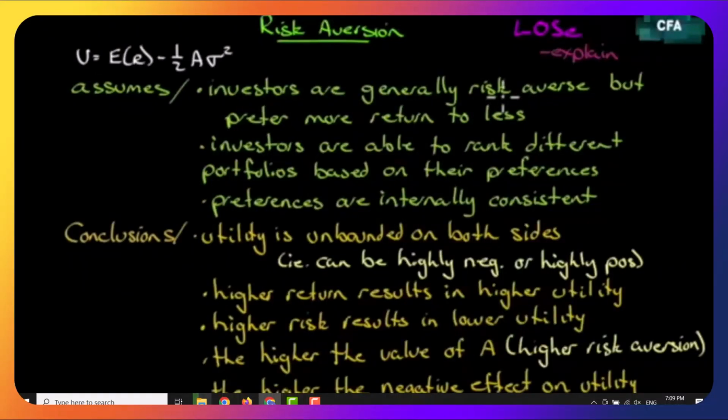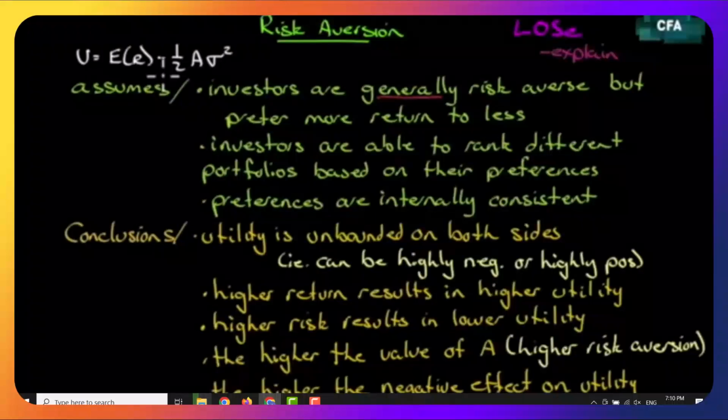No, no, no. They're risk averse, but they prefer more return to less. And remember what risk averse says: given two investments with equal return, a risk-averse investor will choose the one with the lowest risk. That makes perfect sense. So we say investors are generally risk-averse. This is a tendency to behave in a certain way that makes sense when you say it in a sentence.